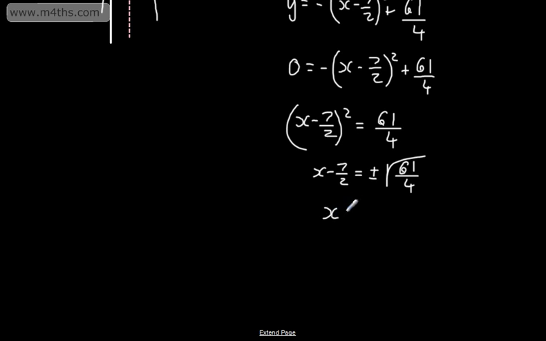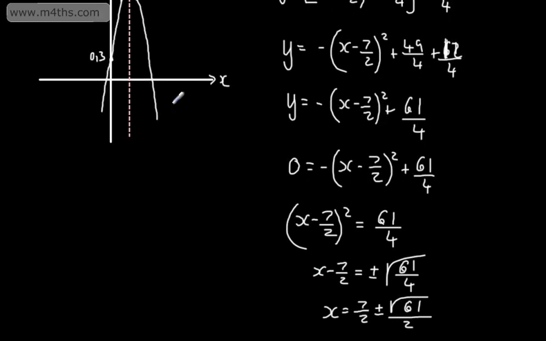Adding the 7 over 2 to both sides, x is equal to 7 over 2 plus or minus the root of 61, which is not going to break down, divided by the square root of 4, which is 2. So x is going to be equal to 7 plus or minus the root of 61 over 2. So this one right here is going to be 7 plus now root 61 over 2.